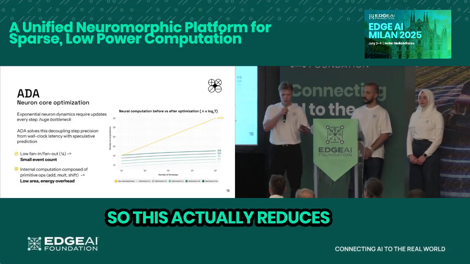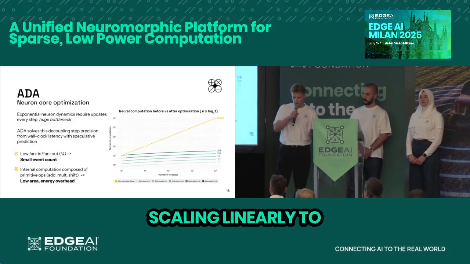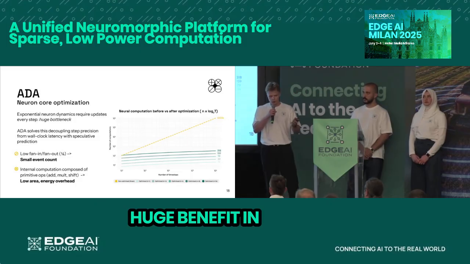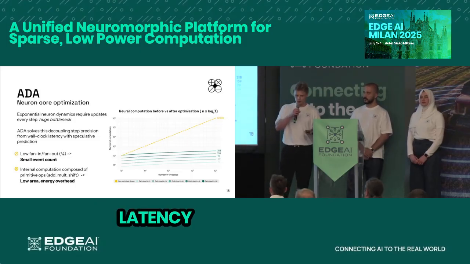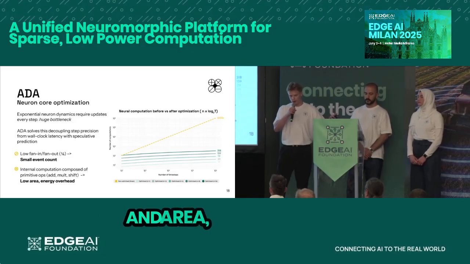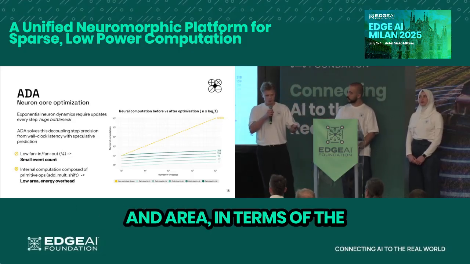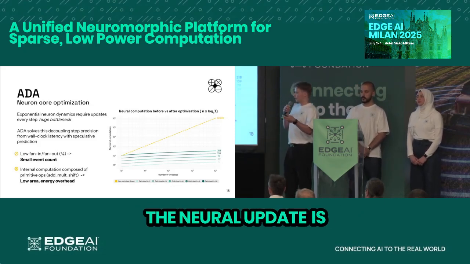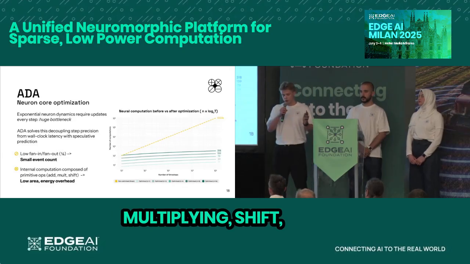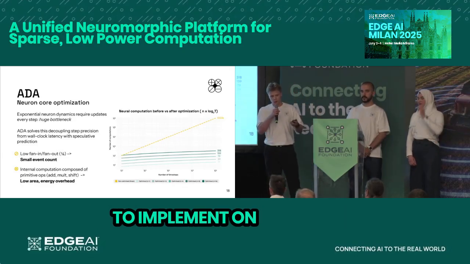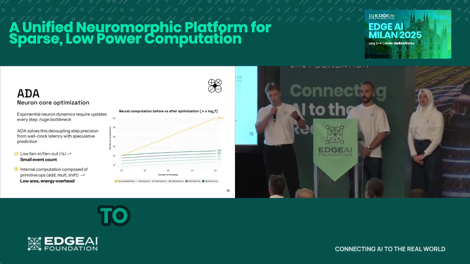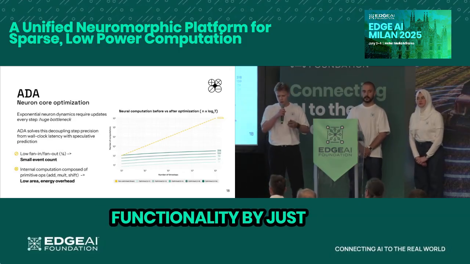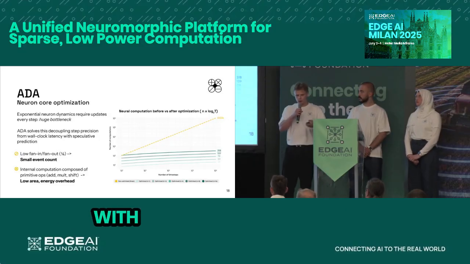So this reduces the amount of computation from scaling linearly to logarithmically, which is a huge benefit in terms of latency, and also in terms of general performance and area. The neural update is composed only of add, multiply, and shift, which is very cheap to implement in hardware. This allows us to create more complex functionality by using just primitive neural updates with simple hardware blocks.